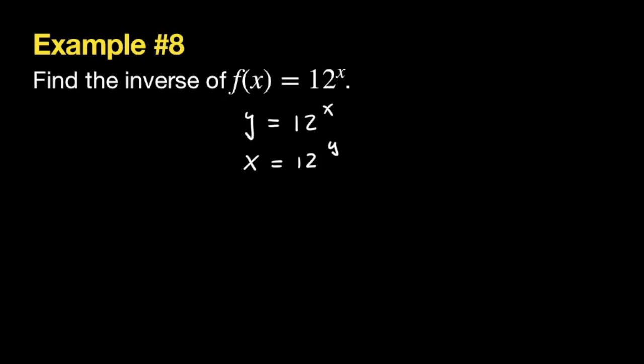And to do that, we need to put log 12. We know log 12 of 12 from the properties that we saw is going to be 1. So we end up with log 12 x is equal to y, because this cancels out.